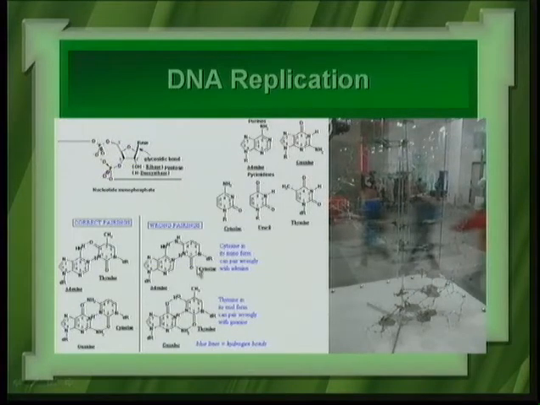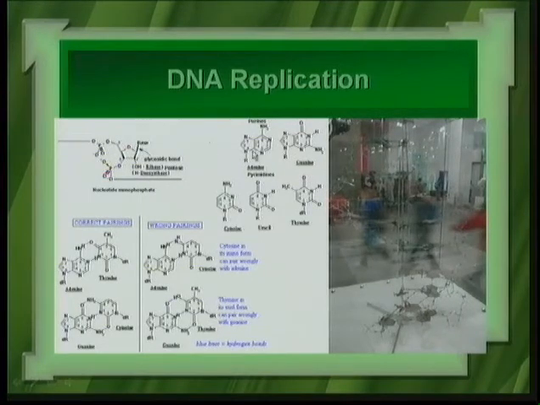Sometimes though, if the cytosine is in a different form, you can have a mispairing. You can have a cytosine pairing with an adenine, or a thymine pairing with a guanine. This is a mistake in base pairing, and usually when you have this kind of mistake, it's called a mutation. We'll get back to that a little bit later.